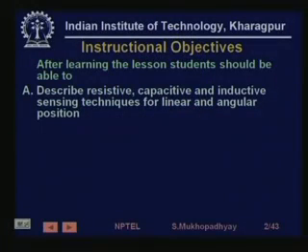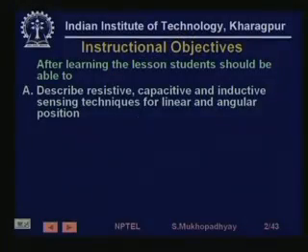So, the first objective is that there are some basic techniques by which we will see how changes in position can be converted to changes in resistance, changes in capacitance, or change in inductance. Sometimes changes in mutual inductance. That is the first step, where we are converting this mechanical motion into an electrical parameter change.